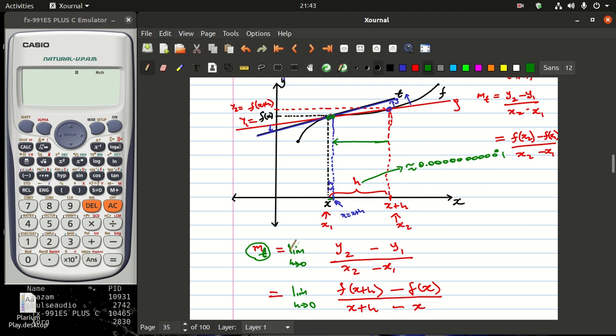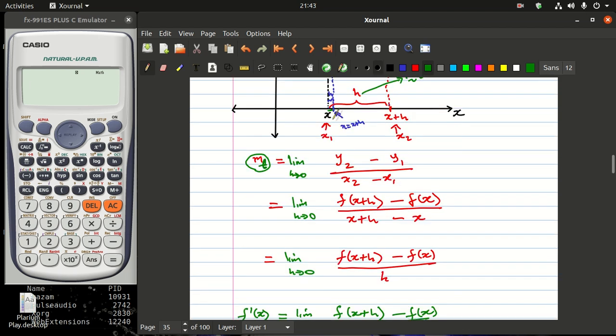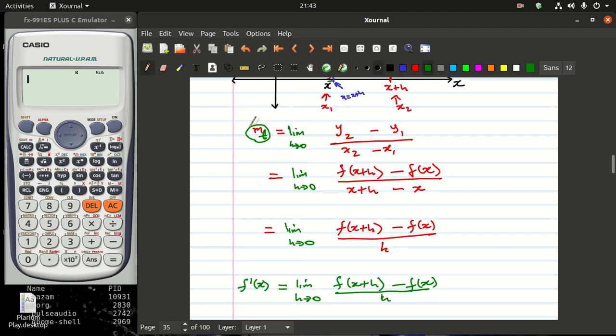Now, I want to explain why I am using equality here. If we can make the difference between these 2 points so close that even our computer cannot pick it up, then because that difference cannot really be seen, the difference between the actual slope and this approximation is not going to be that much.